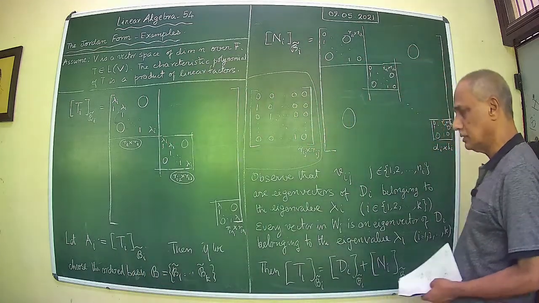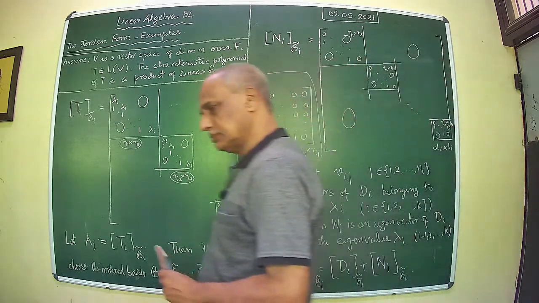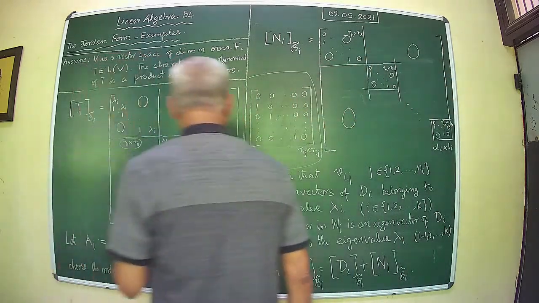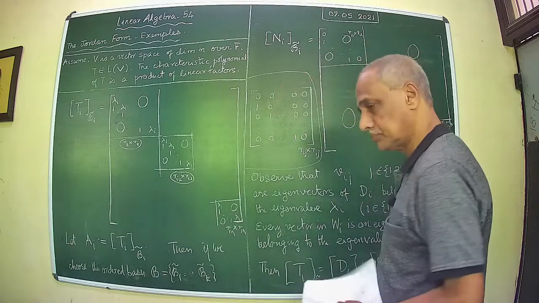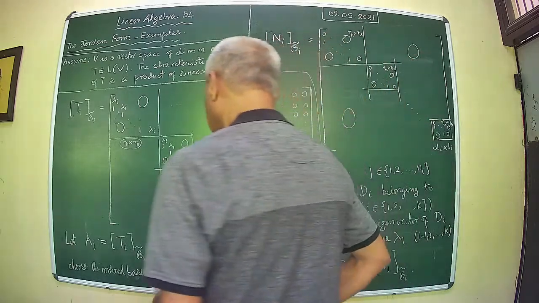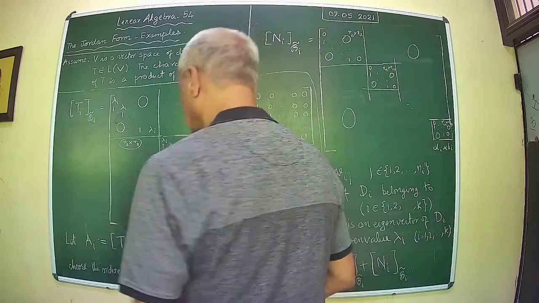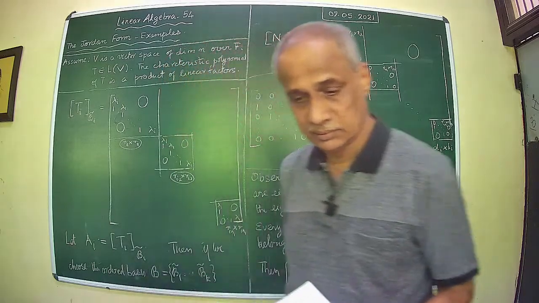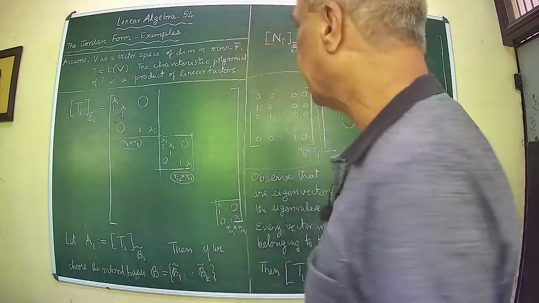Vk tilde in this particular order, then what one gets is this. Okay. Then what do we get?